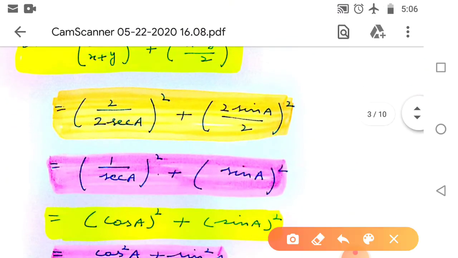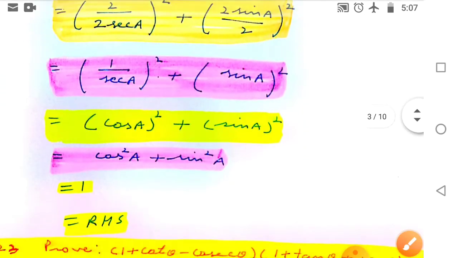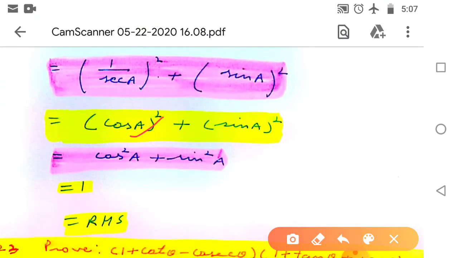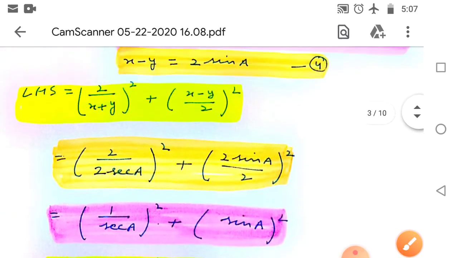So, the 2 gets cancelled with 2, and it becomes (1 upon sec A) whole square plus sin A whole square, and we know that 1 upon sec A is equal to cos A. So, this is cos A whole square plus sin A whole square, which is cos square A plus sin square A, and that is equal to 1, and that is given as RHS, right.